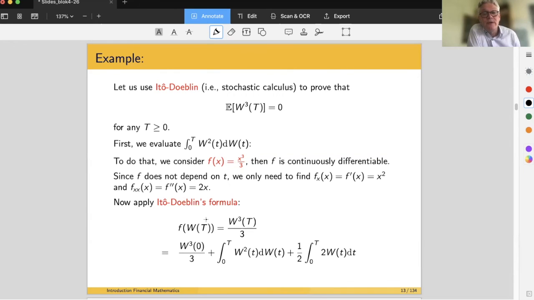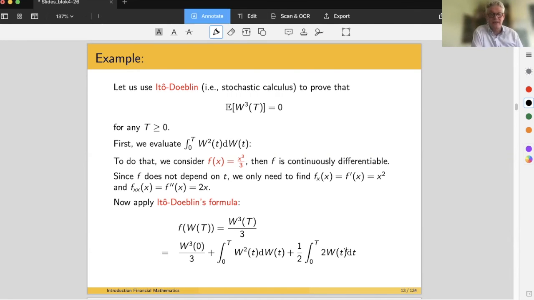So indeed, we replace x by Wt. And then Ito-Doeblin's formula tells us this is equal to W cubed at 0 over 3 plus the integral from 0 to T of x squared, so W squared dWt, plus 1/2 the second derivative 2x, so plus 1/2 the integral from 0 to capital T of 2 times Wt dt.